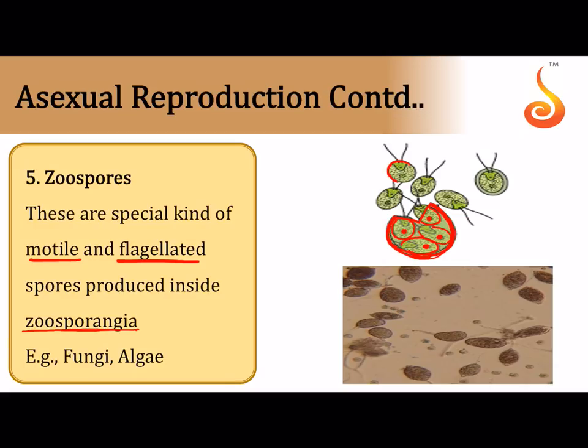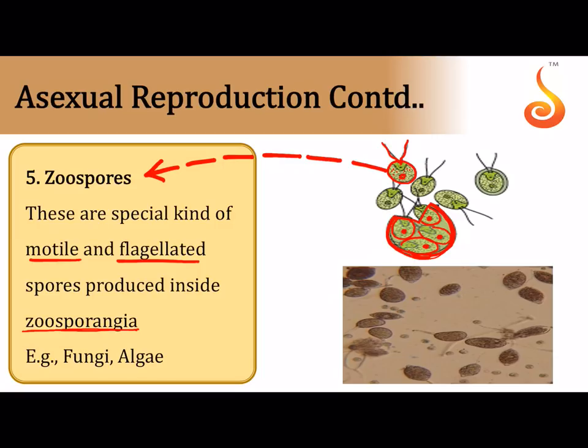See how each daughter cell has a plasma membrane, cytoplasm inside, nucleus inside, and it has two flagella. And such daughter cells are called zoospores. Once they are set free, they grow into adults. They lead an independent life.